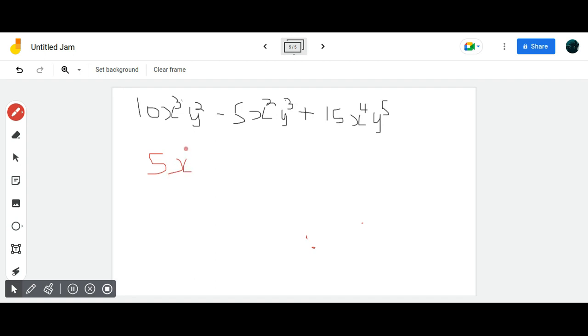So x square, and the lowest exponent of y is actually y square, right?